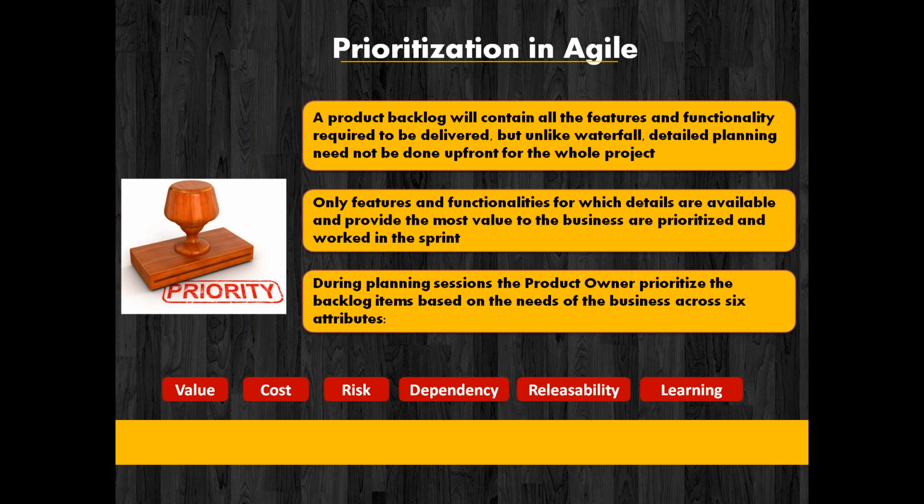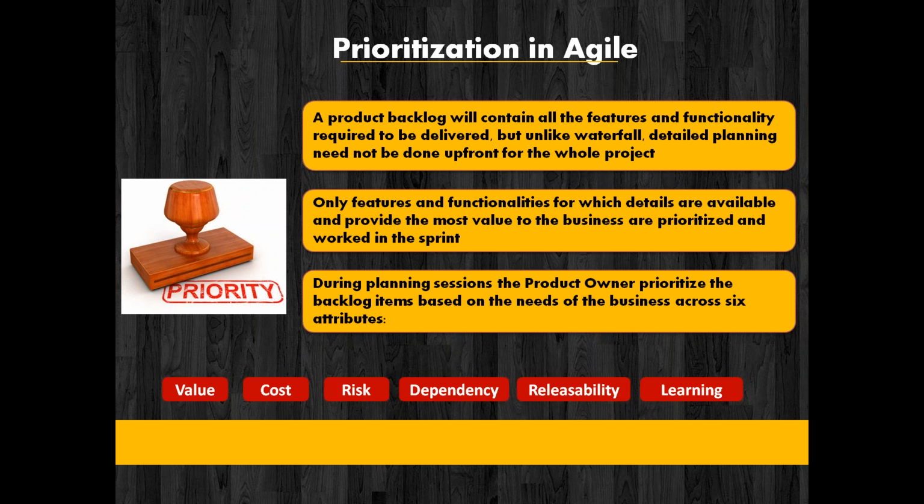The only thing you need to do is identify what the customer needs on priority, what is most important to him to be delivered, what adds value to the market, and then you pick those requirements and place them at the topmost of the product backlog, and the team then picks it up, does the estimation and starts working on them.